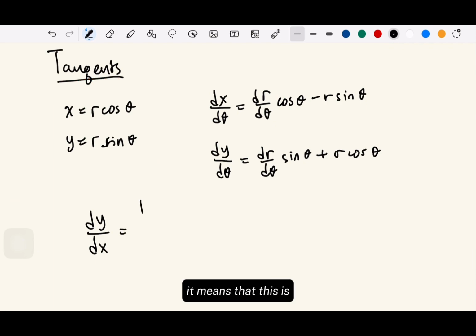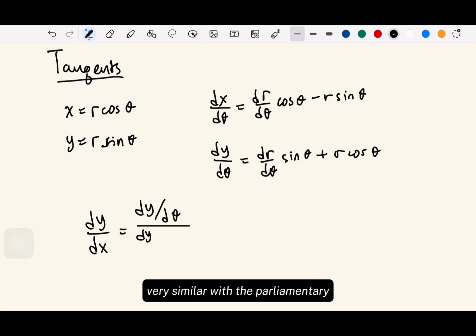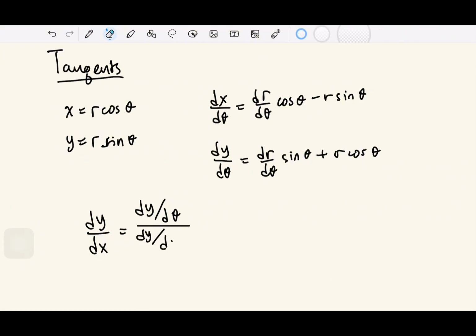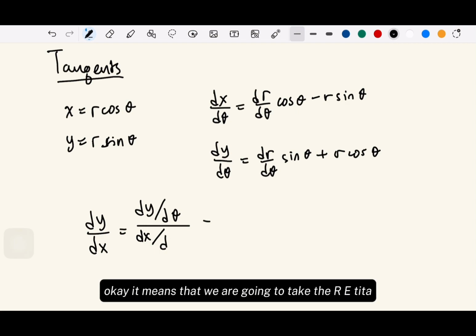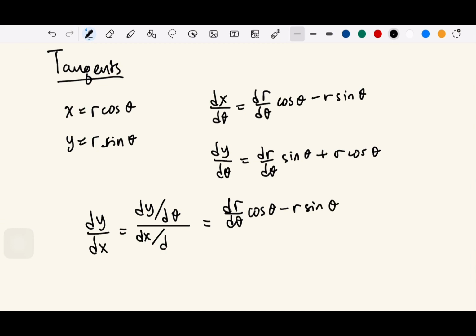It means that this is going to be very similar with the parametric. Oh, wait, not dy, dx d theta. Okay, it means that we are going to take dr d theta cosine theta minus r sine theta.